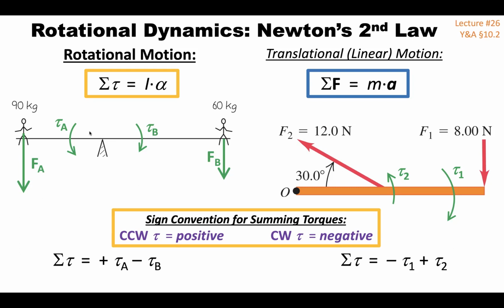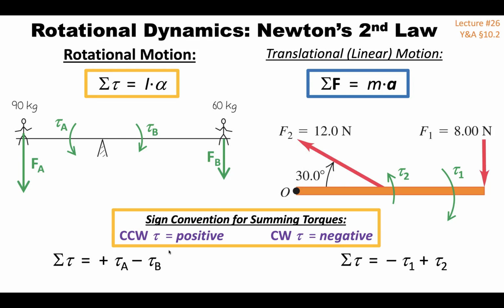By the way, if we're going to add torques that are in different directions from each other, some counterclockwise and some clockwise, you may remember from one of the previous lectures that our sign convention for rotational quantities is that counterclockwise quantities are positive and clockwise rotational quantities are negative.